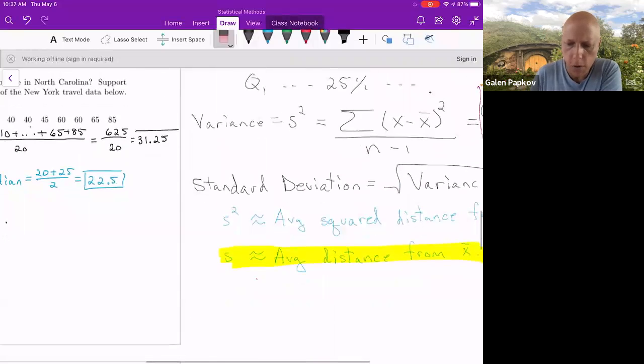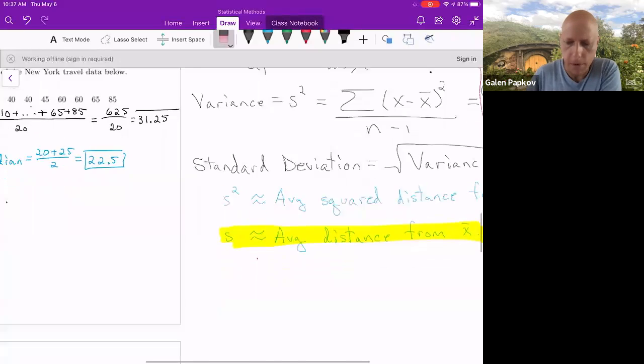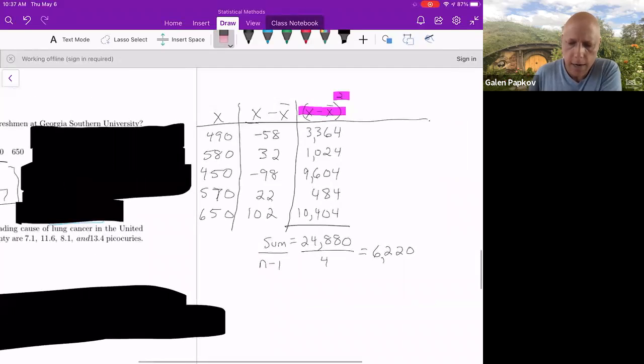Let me check our formula again. It says in that numerator, after you have the parenthesis part, the squared distances, you've got that Greek symbol, which means sum, or add together. And then after we add together, we're going to divide by n minus 1. So we add that third column, and that gives us 24,880.